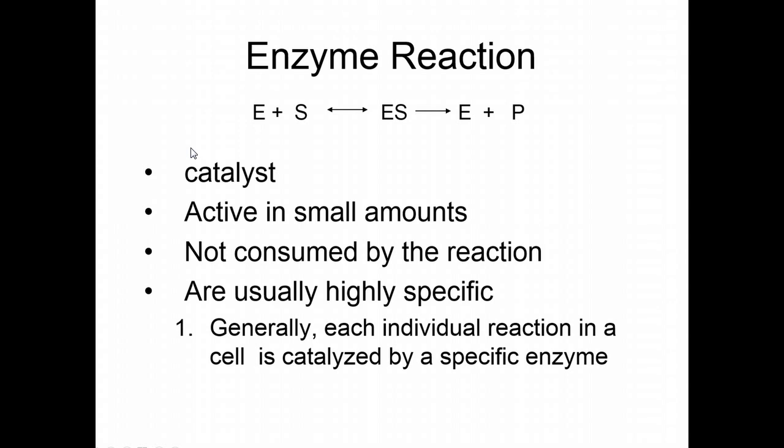Okay? So we described something there at the top where we have the enzyme, which is E, and the substrate. And then we have a bidirectional reaction where we have an enzyme and substrate complex. Okay? So the enzyme can sort of grab sucrose and something happens and the sucrose comes out.